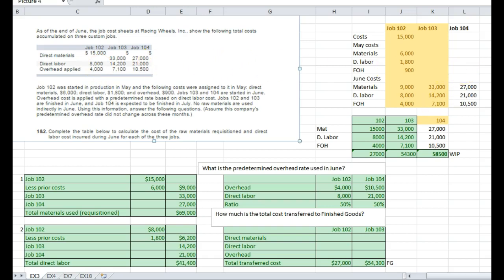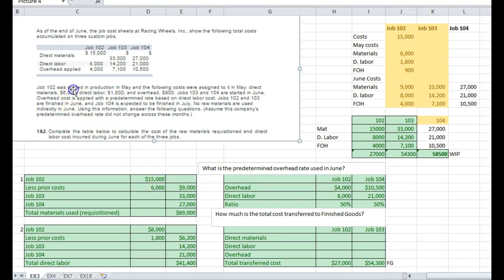So, when you start adding everything up, you're going to take whatever was allotted, the $15,000 here and the $8,000 here for direct labor, and you're going to subtract out May's costs. So in this case, you've got $15,000.